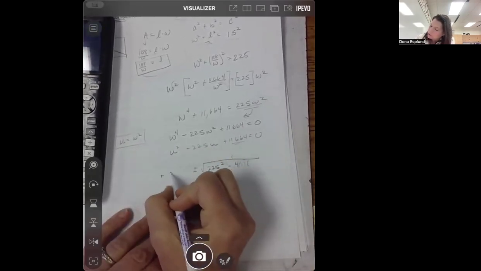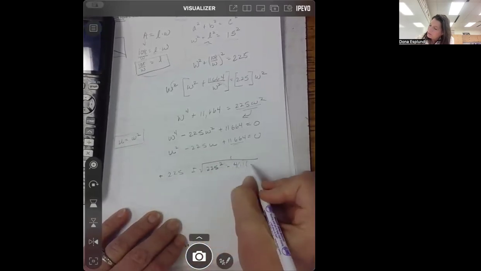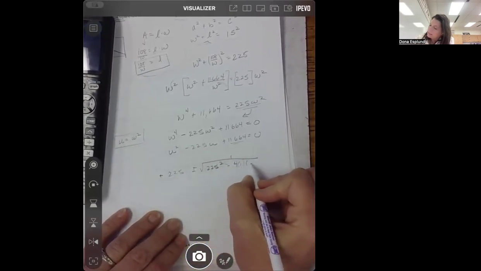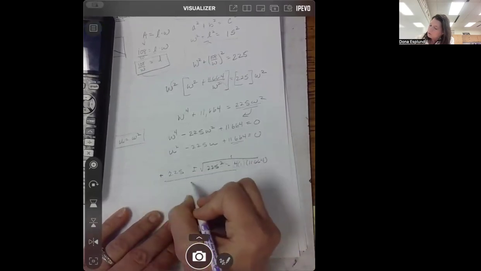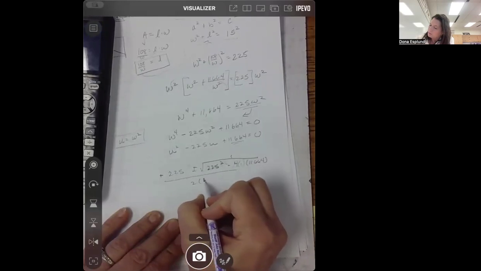So this is going to be a plus 225, plus or minus the square root of 225 squared minus 4 times A, which is 1, times C, 11,664. All over 2 times A, which is going to be 1.